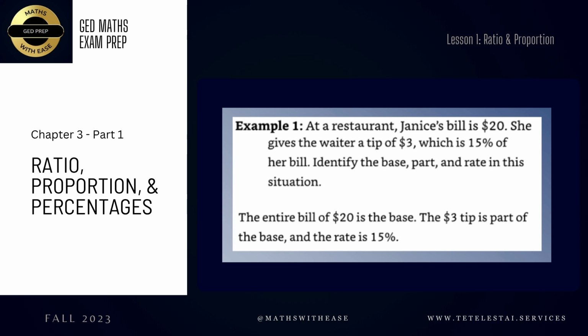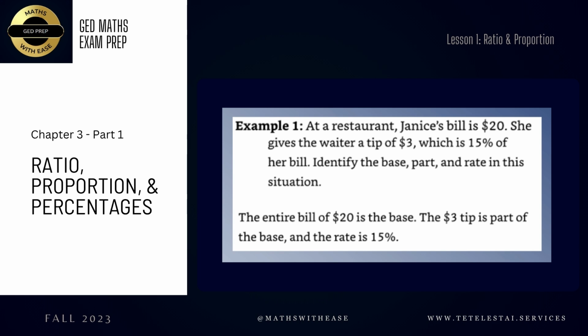So the entire bill of $20 is the base. The $3 is part of the base. Remember, we explained, if you think in terms of circles that we had explained earlier, we have 2 grayed out circles.